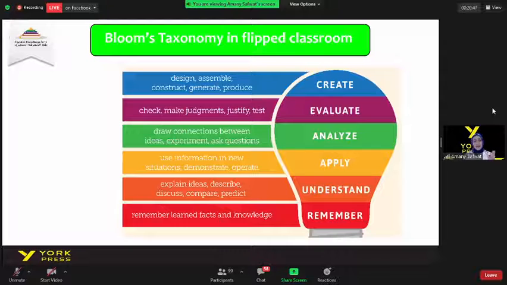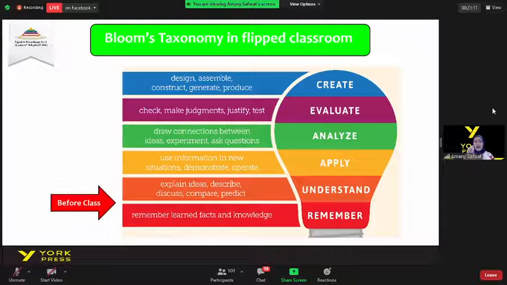To understand, they are able, after remembering some learned facts and learning them, they are able to explain the ideas, describe what happens, discuss questions, compare between the current knowledge and the knowledge they had before, and predict what is going to follow, what is going to happen later on.